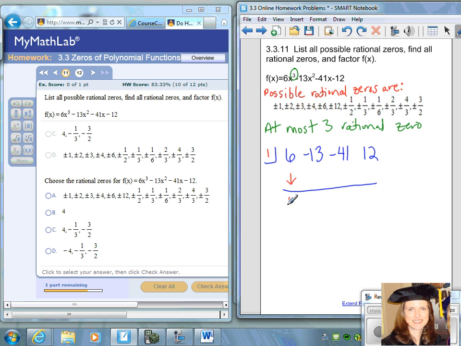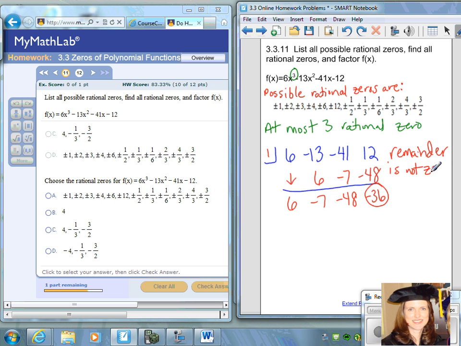But when we go through here, bring down the first coefficient, multiply by 1, 6 times 1 is 6, negative 13 and 6 is negative 7, negative 7 times 1 is negative 7, negative 41 and negative 7 make negative 48, and negative 48 and positive 12 give you negative 36. This does not have a remainder of 0. Okay, the remainder is not 0.